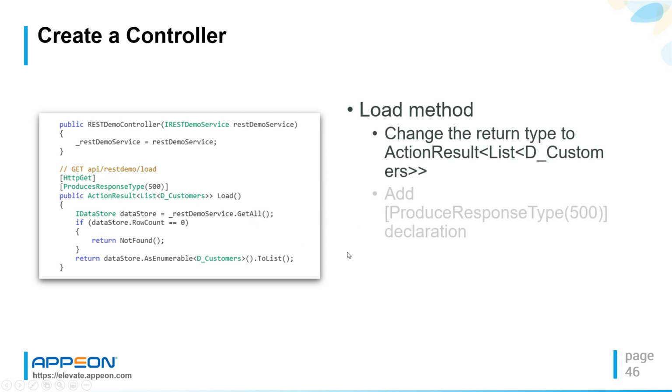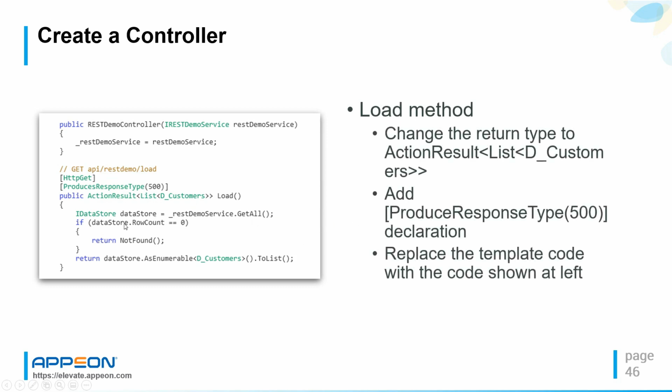Then I'm going to declare a variable of the data store and just call the service method. I'm going to check the row count. Now if the row count is 0, then something went wrong. And I'm going to raise this not found.